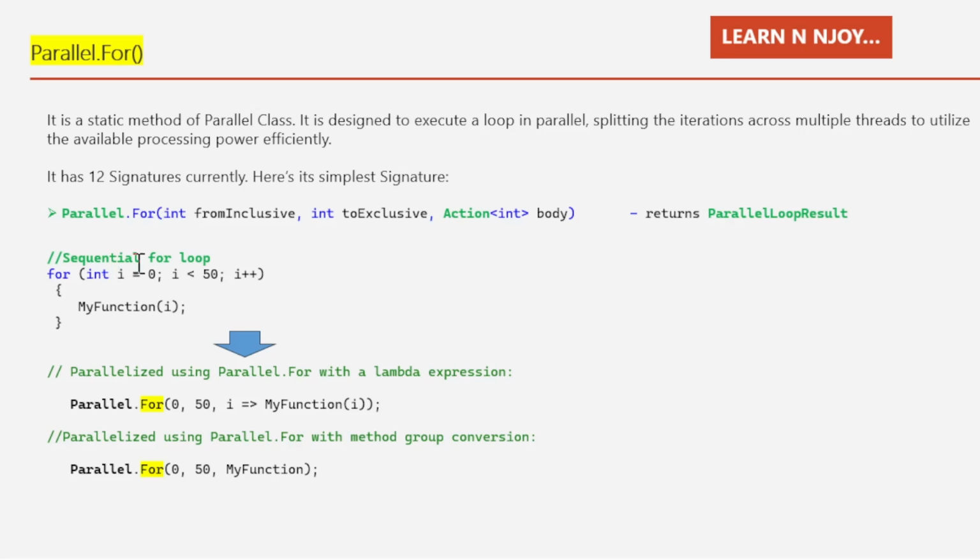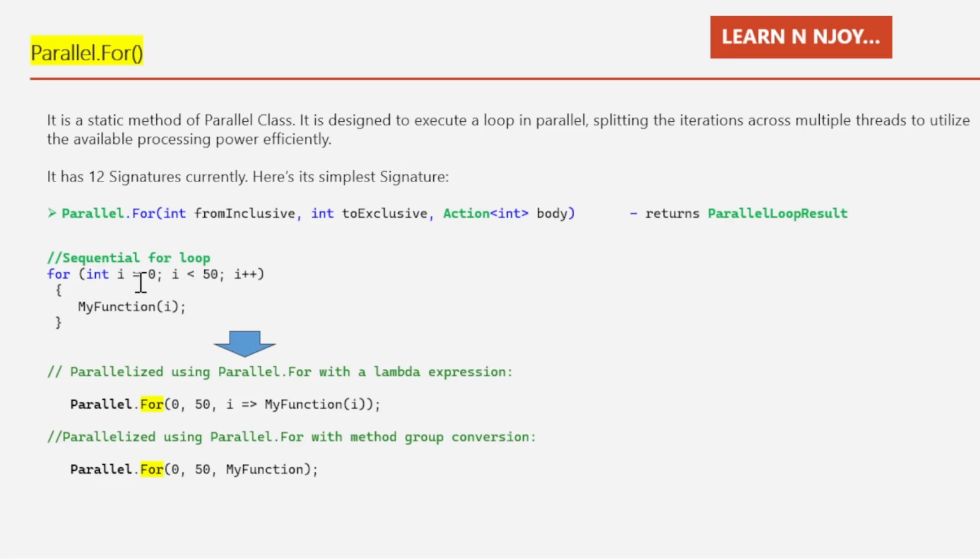Here I have written a sequential for loop: for int i = 0; i < 50; i++, then MyFunction(i). This is a standard loop written in sequential fashion, meaning that each iteration executes one after the other in sequence. This line declares a variable i and sets the initial value to 0.